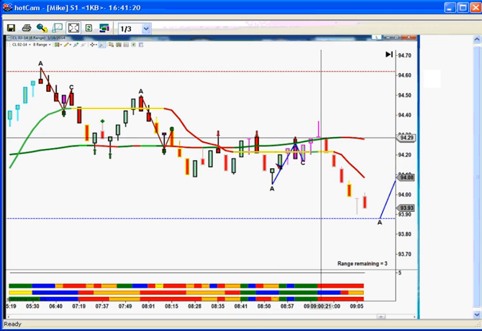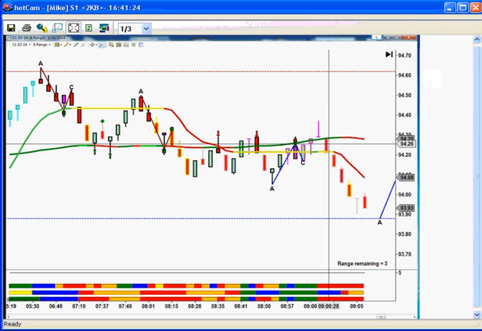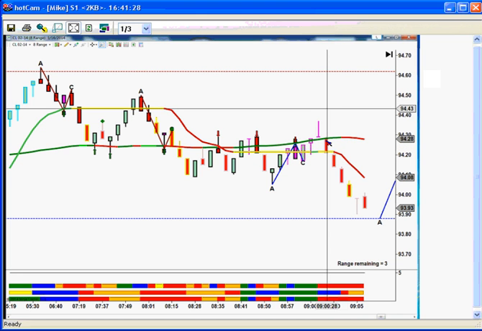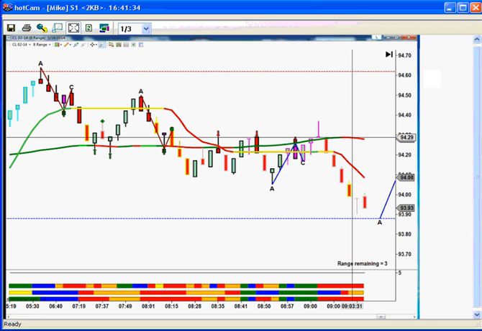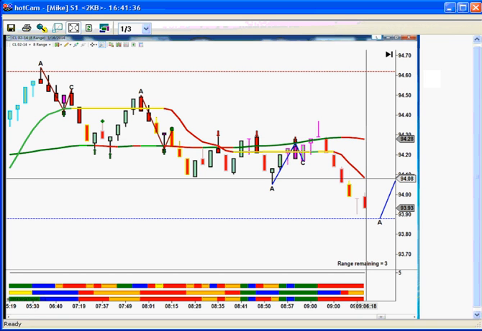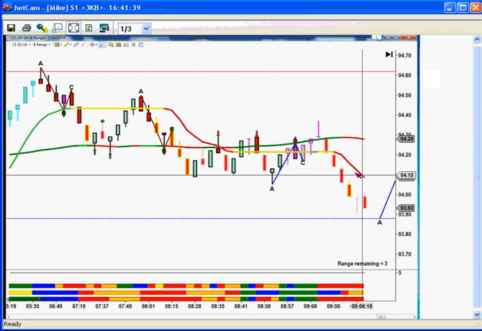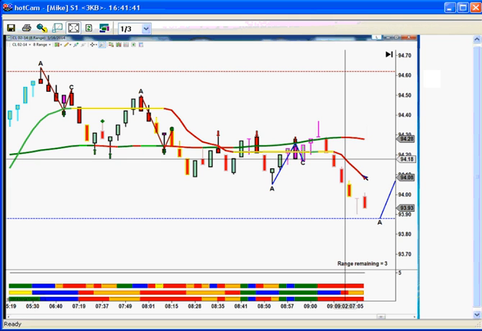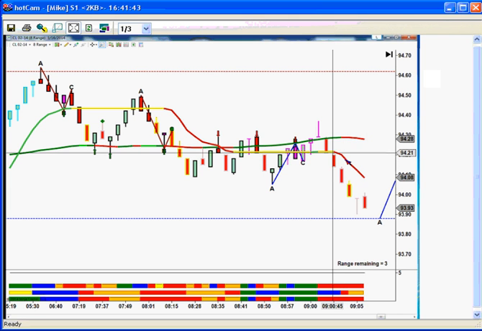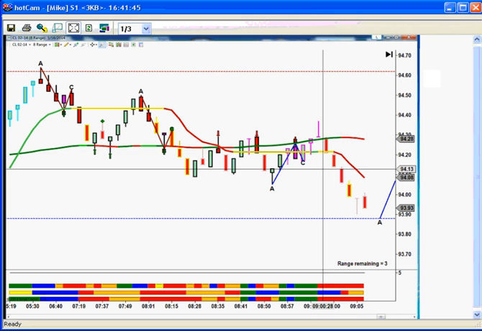You don't want to go long if you're above. So let's signal that we went below the 50, if you can see my cursor right here. We went below the 50, waiting for the color of our 15 to be pointing in the direction that we want to go. I want to move.